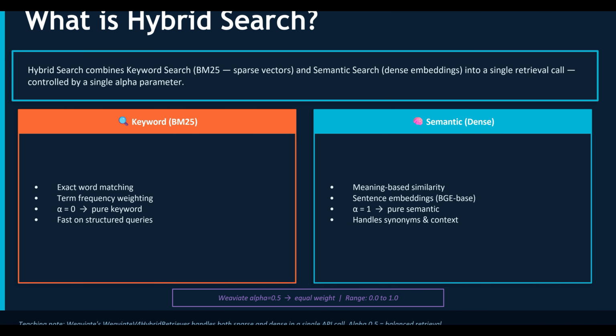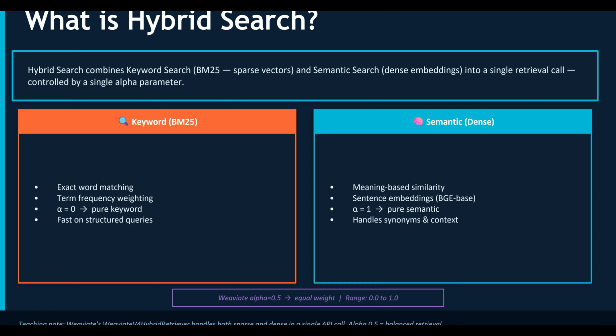Let me start with a quick recap of what hybrid search actually means, because this is the foundation of everything we build today. Hybrid search combines two retrieval strategies. The first is keyword search using BM25.